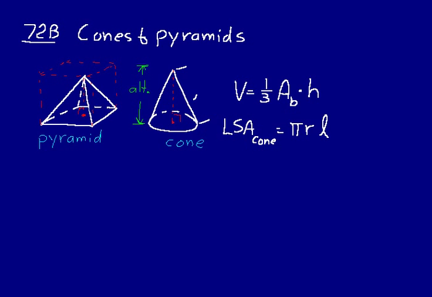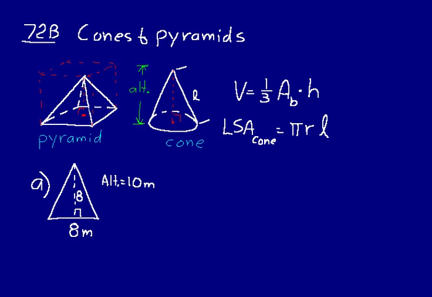I'm drawing it right now. It's the side, basically, from the bottom to the top, how long that slanted side is. So it's pi times the radius times that slant height L. That's how you figure out the lateral surface area for a cone. So if you want to know the total surface area for a cone, you would figure out the lateral surface area and add to that the area of the base.